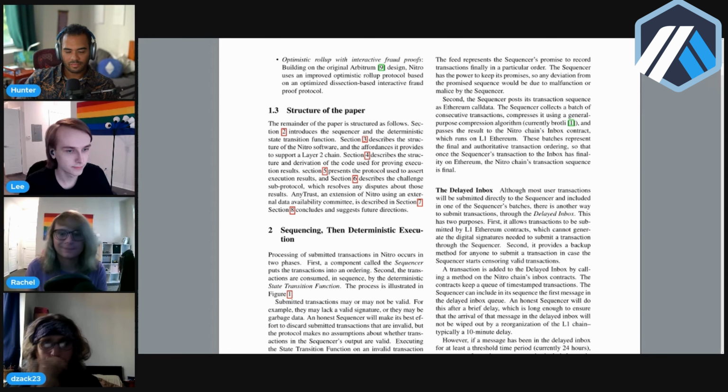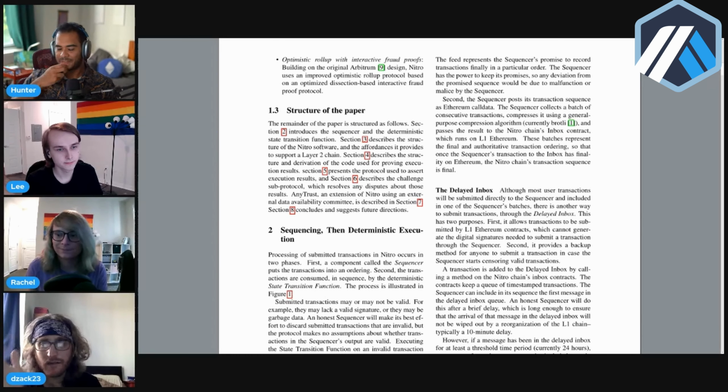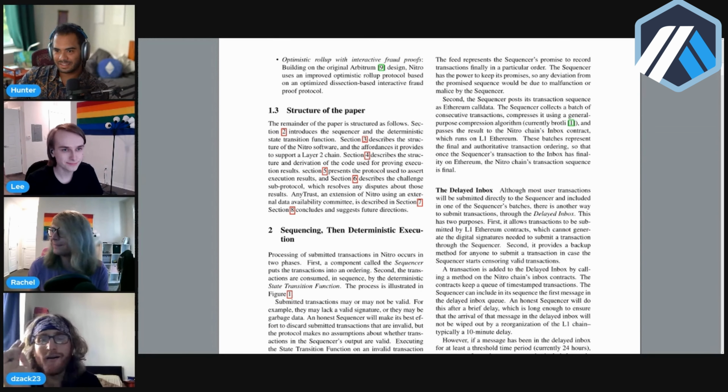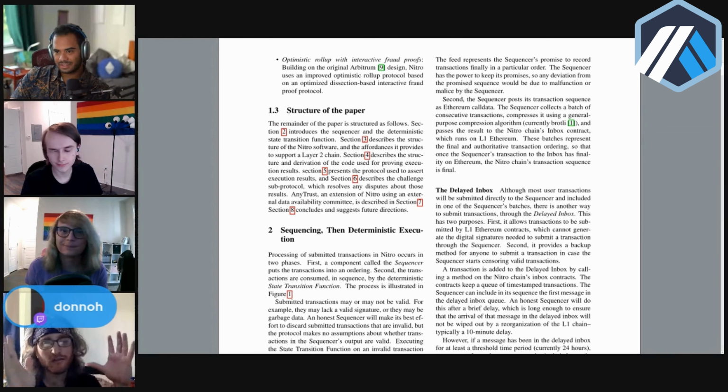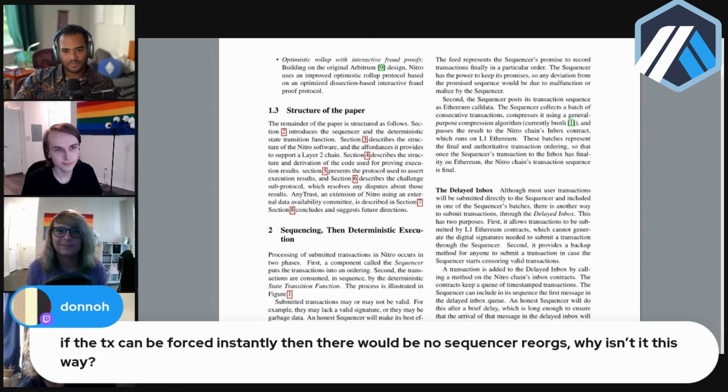I was just going to add, maybe for Donna, a lot of good questions from Donna. One way to think about it is if we allowed forced inclusion instantly or after like 10 seconds, but still tried to do these instant receipts, then there's constantly this risk of those instant receipts being invalidated. If the sequencer is giving these near instant receipts, you want to ensure that the sequencer has a chance to post them on chain in a batch before a forced inclusion happens.